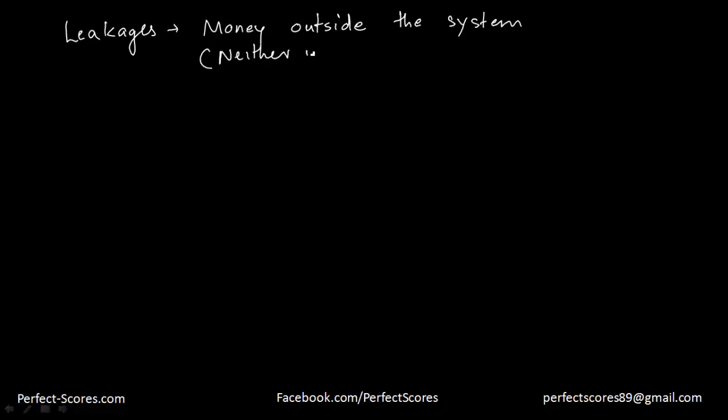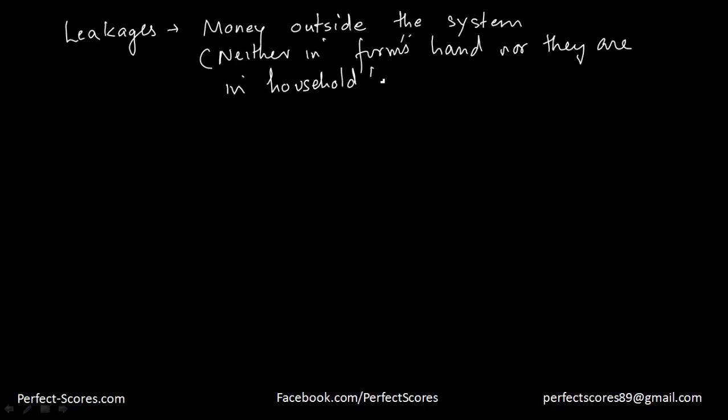Leakages are the money which is going away from the system, money going outside the system, which is neither in the firm's hand nor in the household's hand. So this is what you mean by leakages.